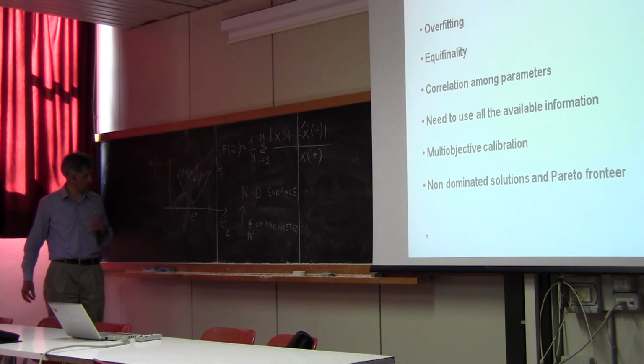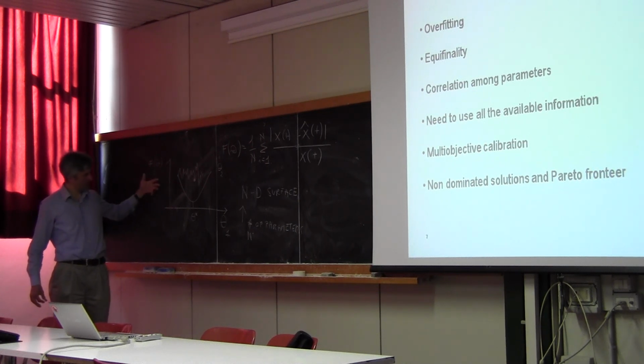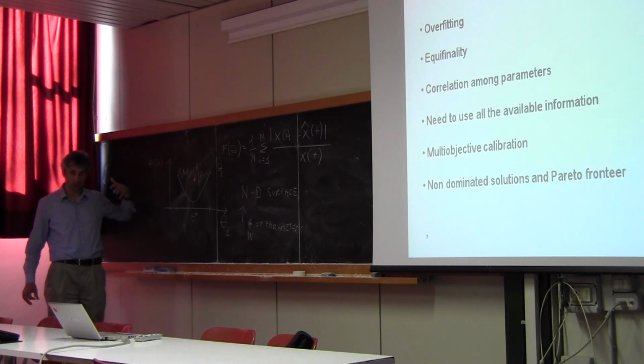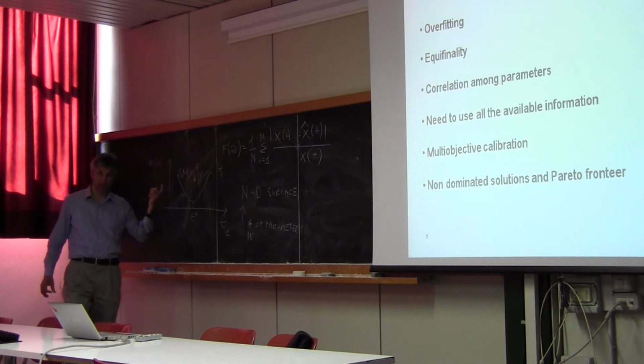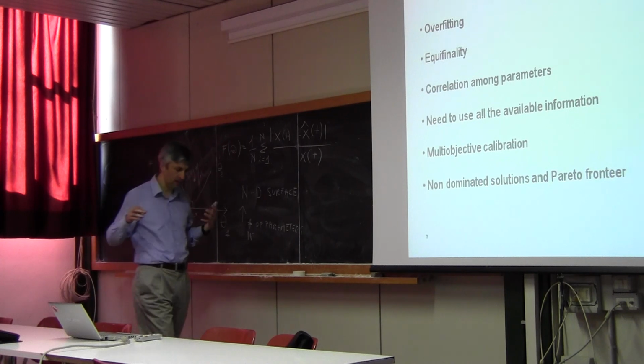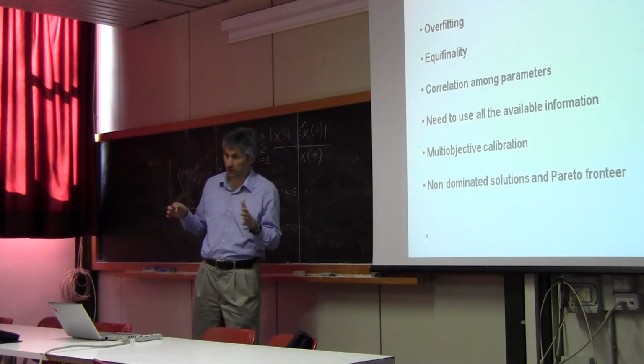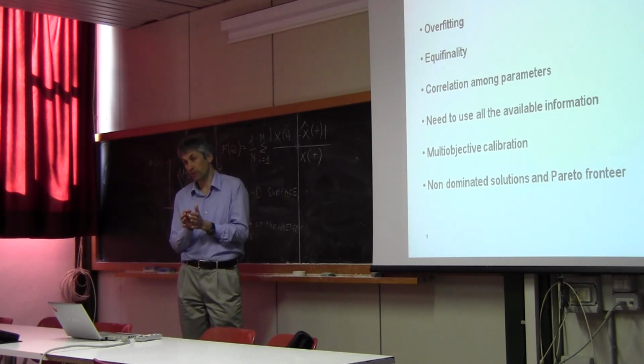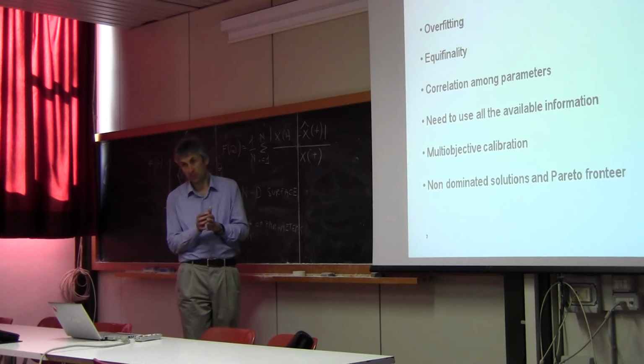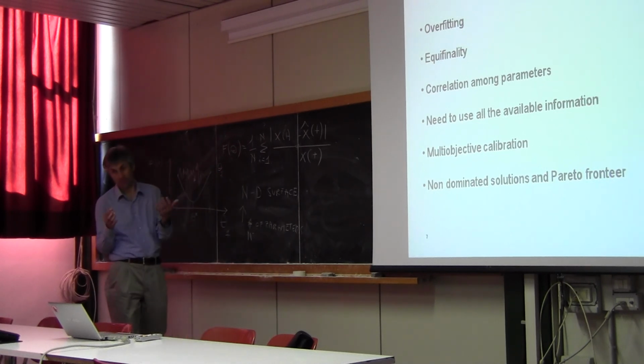And also, the success of an algorithm depends on how far you start your search. If you start very far, the algorithm is more likely not to be successful. If you start close to the final, true value, then the algorithm is more likely to be successful.